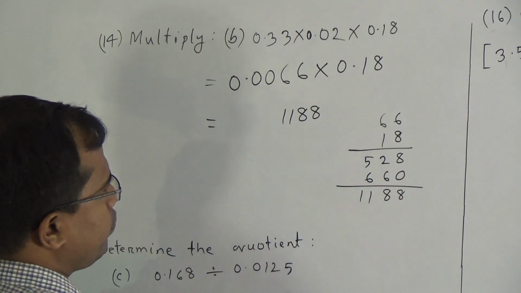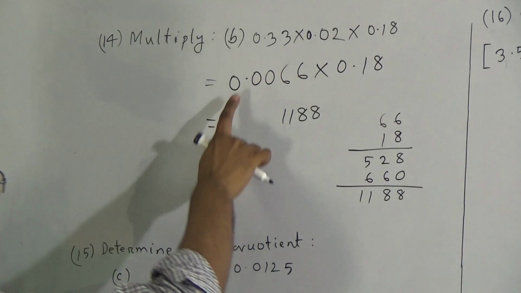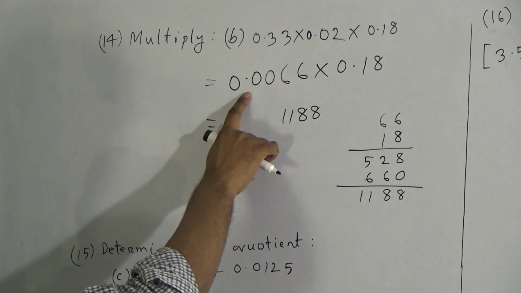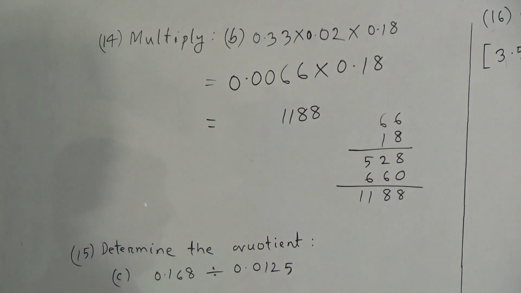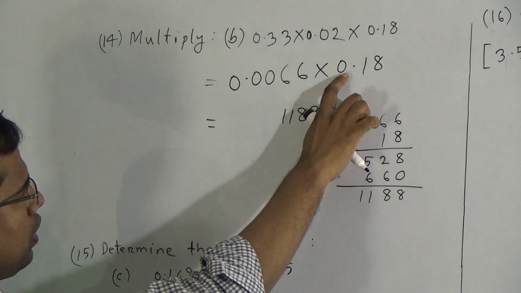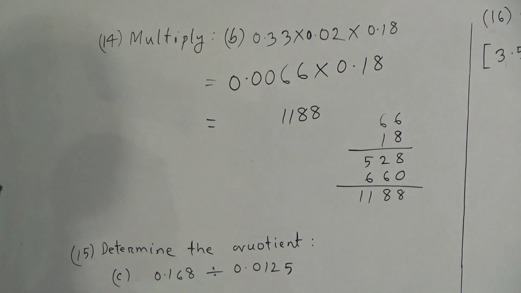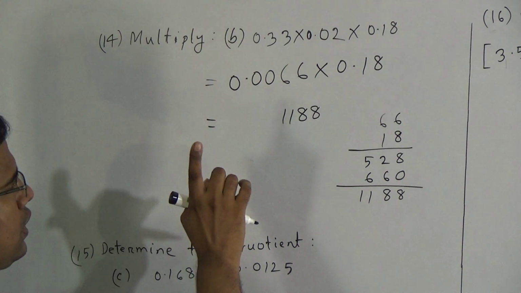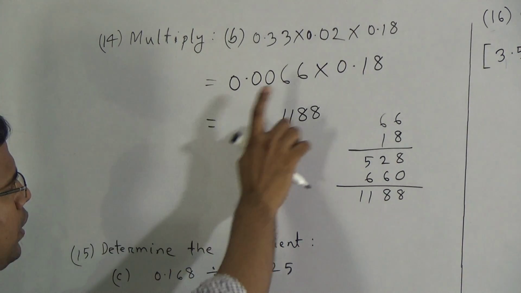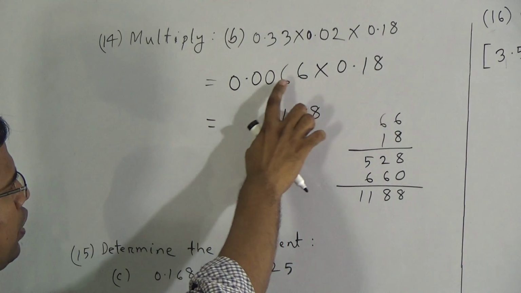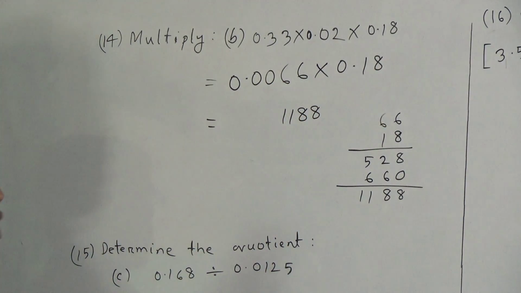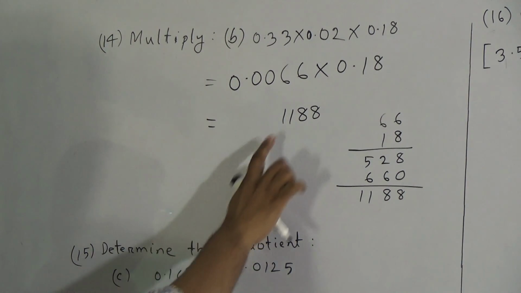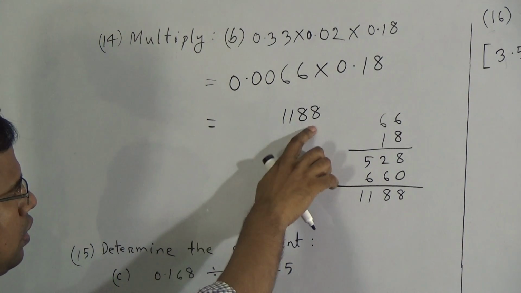Now in the first number after the decimal point 4 digits exist, and here after the decimal point 2 digits exist. So in the product also, how many digits will exist after the decimal point? Total 1, 2, 3, 4, 5, 6. Total 6 digits will exist after the decimal point. Here 4 digits exist.